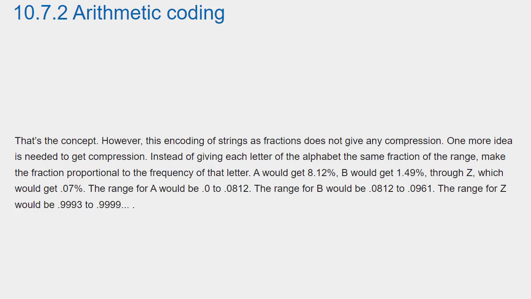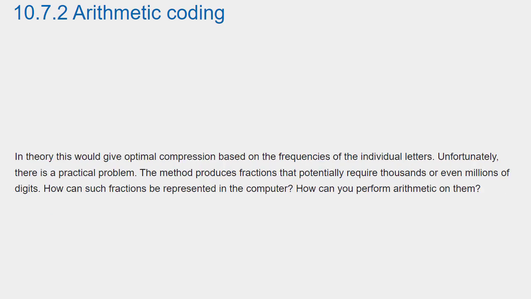The range for A would be 0 to 0.0812. The range for B would be 0.0812 to 0.0961. The range for Z would be 0.9993 to 0.9999.